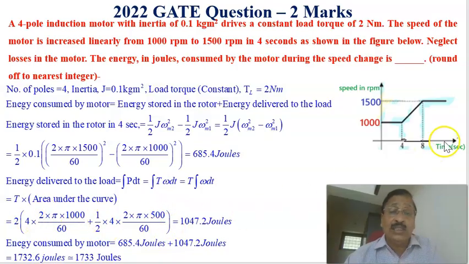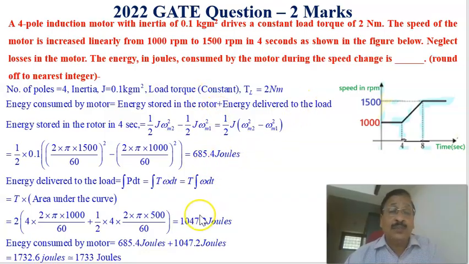If you add these, that is the area under this curve, and multiplying by the torque gives the integral omega dt term. That comes to 1047.2 joules. This is the energy delivered to the load, and the other is the energy stored in the rotor.